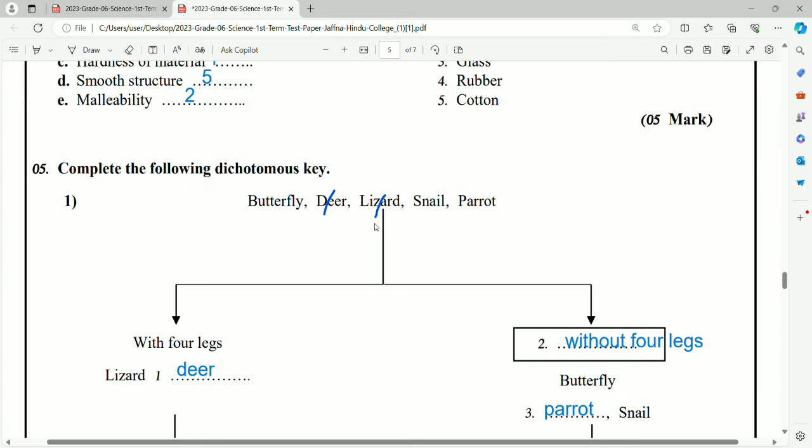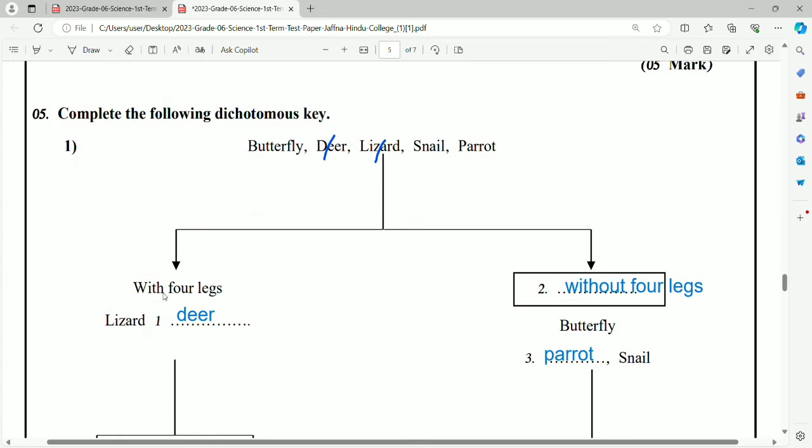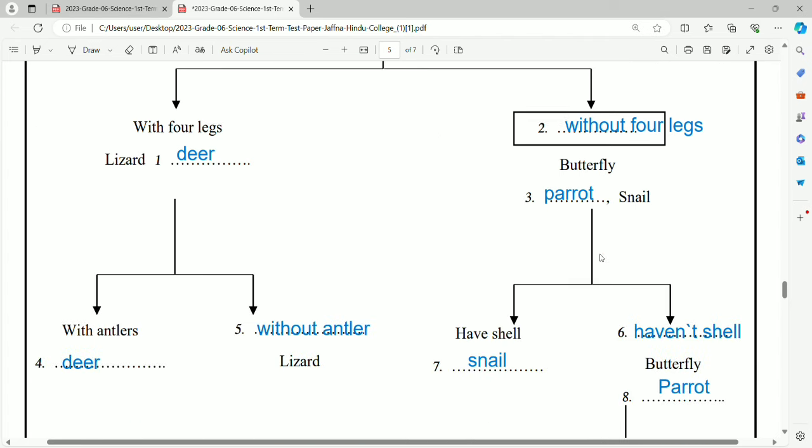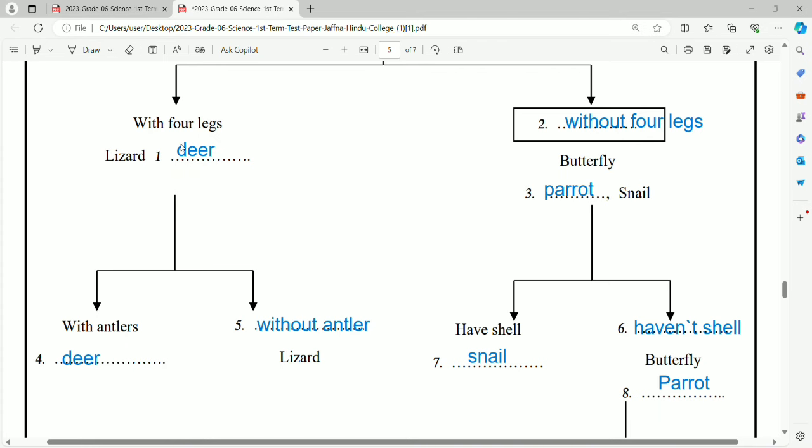Then let's move to completing the following dichotomous key. Butterfly, deer, lizard, snails, parrots. With 4 legs, and here we have to write without 4 legs. Lizard has 4 legs, deer has 4 legs. Other animals come under without 4 legs: butterfly, snail and parrots. With 4 legs can be divided into with antlers and without antlers.